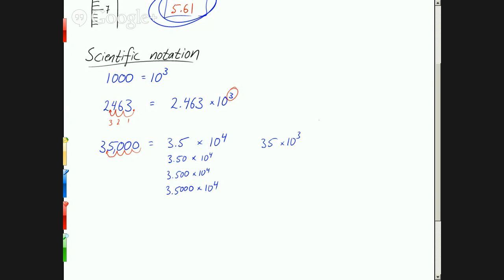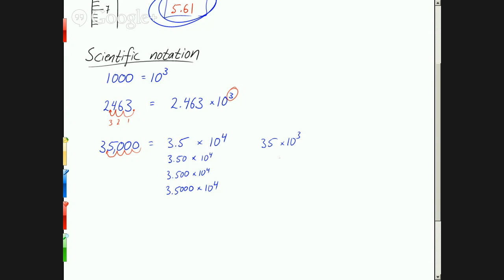But the convention is, you only have one digit before a decimal place, and then you move it. If you wrote something like this on an exam, I would have no problem with that. But official, proper scientific notation, you only have one digit before the decimal place.